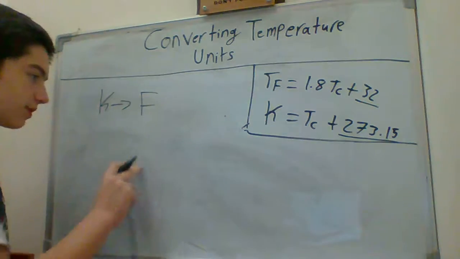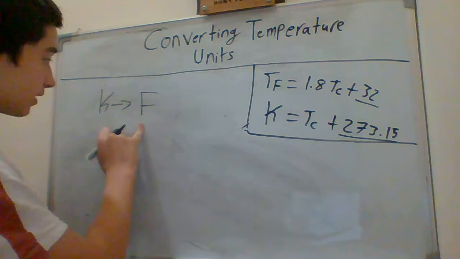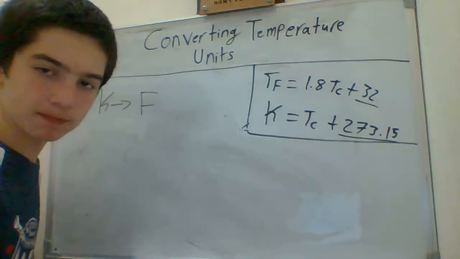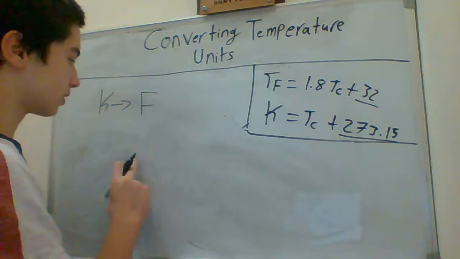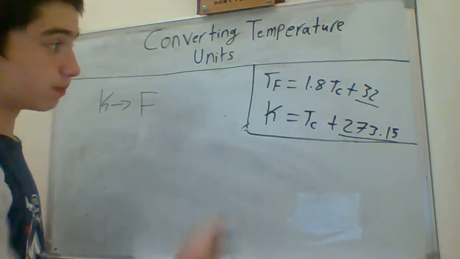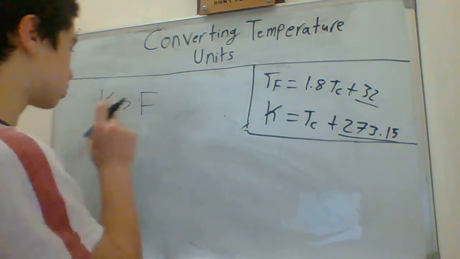So now let's do the math. So if we have, for example, Kelvin to convert to Fahrenheit, what equation are we going to use? You're right, there's no equation that we can use directly. But at the same time, you are wrong, because you can use both of the equations to solve that.